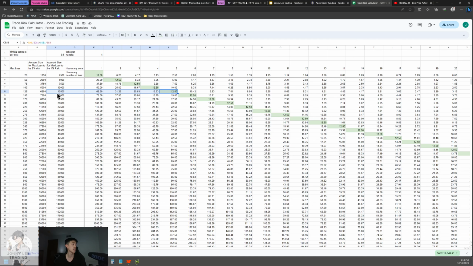This says that I need my dollar amount to be 12,500 in order to risk 5 contracts of micro NASDAQ, and that dollar loss would be $125. So as you can see, a lot of this is framed off of what is my max loss I am willing to risk if I'm risking 1% of my actual account.